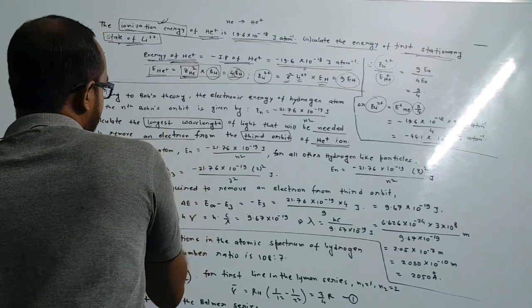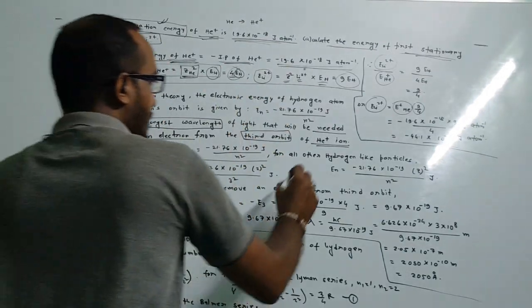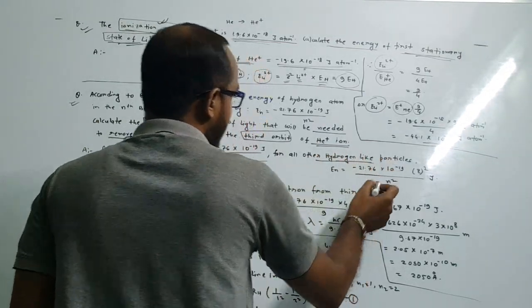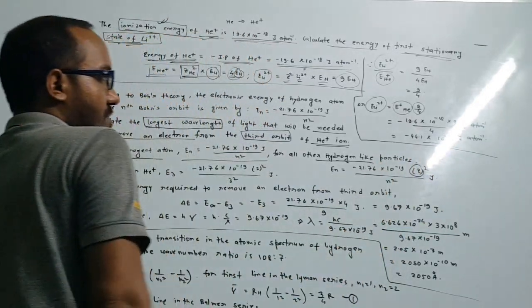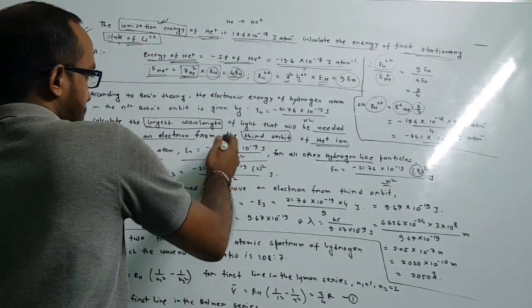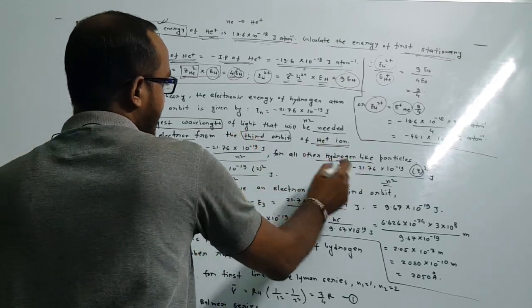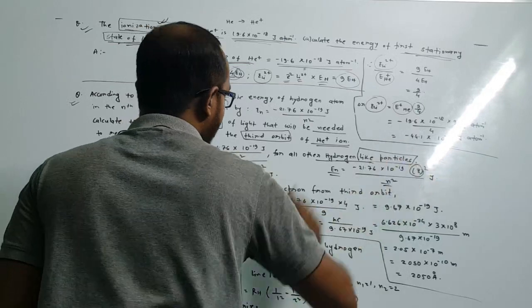See, for hydrogen atom, the energy is given in the question, something like this. But for all other hydrogen-like particles, you only have to multiply by the atomic number square, Z square. All these things would be the same, but for any other hydrogen-like particle you have to multiply by Z square.